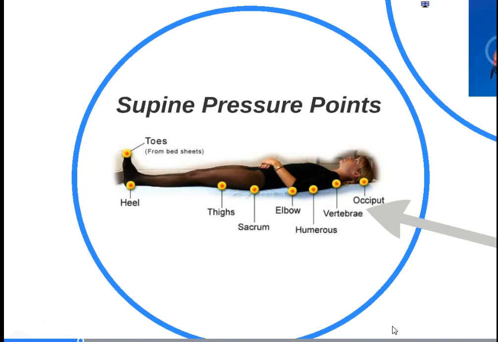I don't want the padding so much on the wrist. I want padding, I need padding on the elbow. So you want to make sure that there's no hard surface touching the patient. The elbows are padded, and when they tuck the arm in with the drapes, with the sheets, that the fingers are splayed against the thigh.